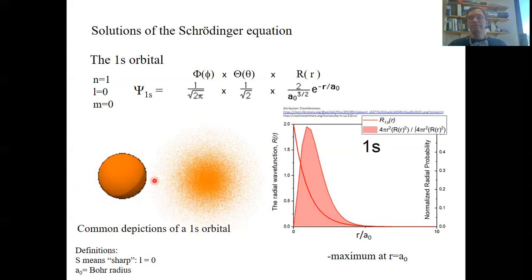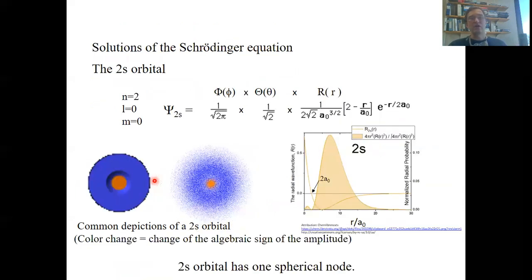Now this is the quantum mechanical interpretation of the 1s orbital. Now let us move on from the 1s orbital to other orbitals. Let's first go to the 2s orbital. When we talk about a 2s orbital, the quantum number n is equal to 2.